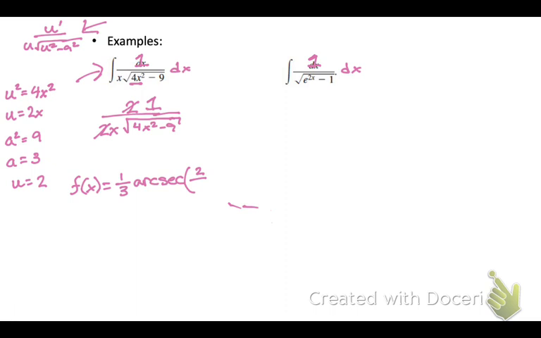Oh, wait, u is 2x, not 2. So it's the absolute value of 2x. And do we have to have that? Yes, because x could be negative, correct? Over a, which is 3. Plus c.